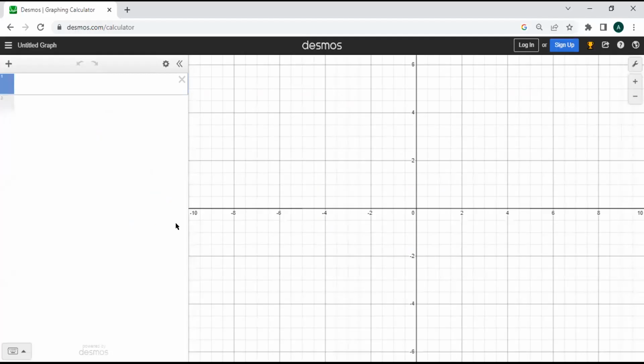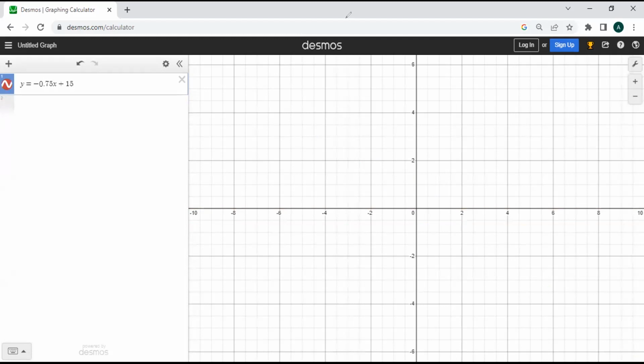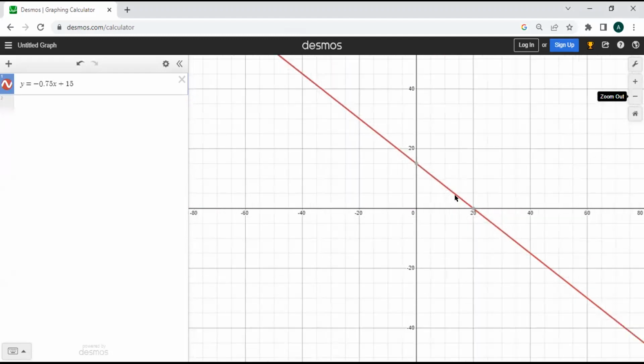Okay, so we had said that the equation was y is equal to negative 0.75x plus 15. Let's zoom out a little bit so that we can see the graph. So that's the graph there. Oh, sorry, I used the wrong sign.